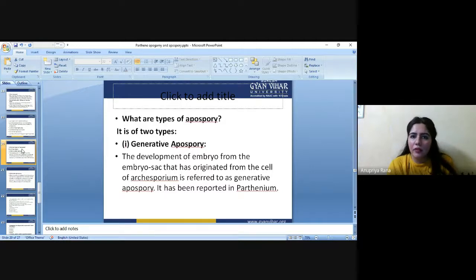This is a very definite situation. The embryo sac should develop from the archesporium. So this kind of apospory, where the embryo sac develops from the archesporium, is called generative apospory.